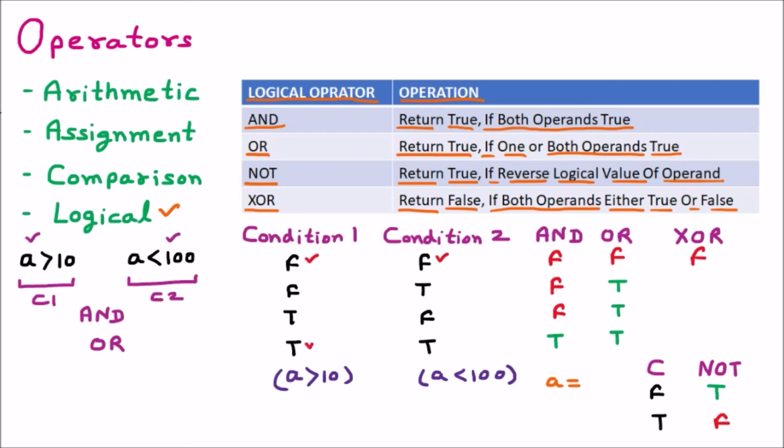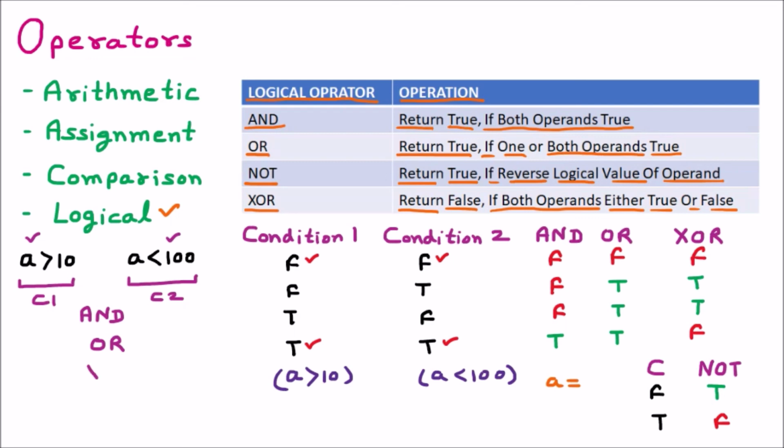And if both conditions are true, that also gives you the false answer. Otherwise, in all other cases, it will give you true. So that is the XOR operator. It means if both conditions are false, it will give you false. If both are true, it will give you false. Otherwise, it will be true.